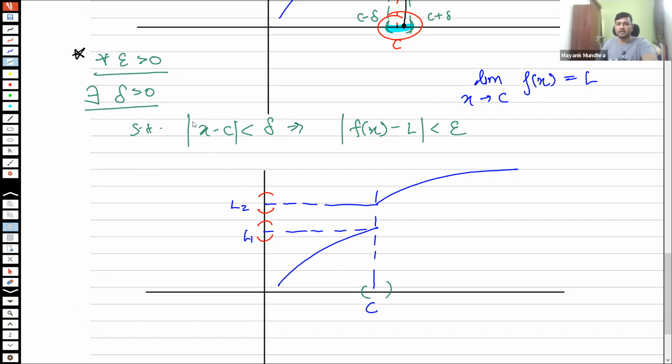So for every epsilon, let me say this is epsilon 1, this is epsilon 2, and this is delta. Corresponding to epsilon 1, suppose I have some delta 1 here, and corresponding to epsilon 2 here, I have some delta 2 here, which looks like this.